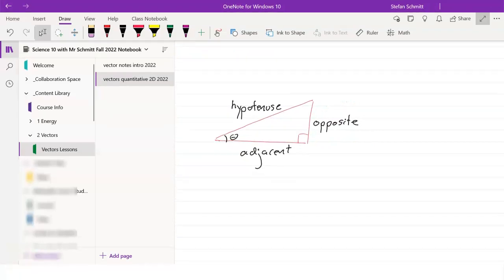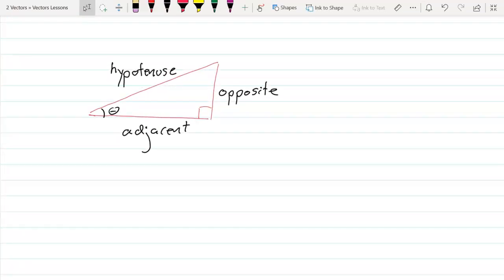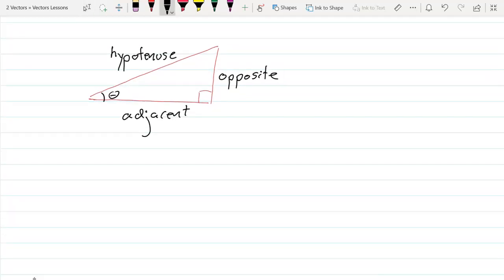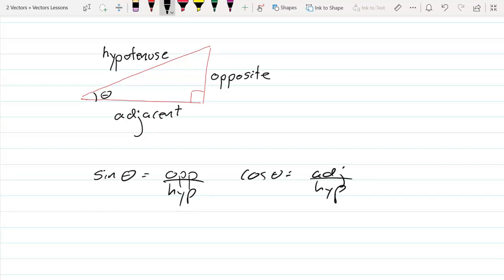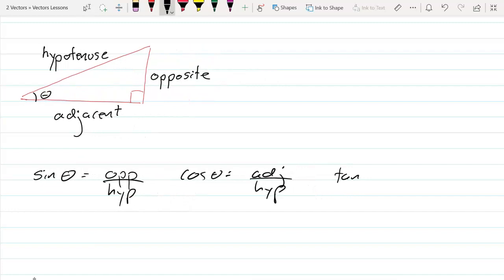You may recall from your math class last year working with right angle triangles and learning about the 3 trigonometry ratios. Sine of the angle equals the opposite side divided by the hypotenuse. Cosine of the angle equals the adjacent side divided by the hypotenuse, and tangent of the angle equals the opposite side divided by the adjacent side.